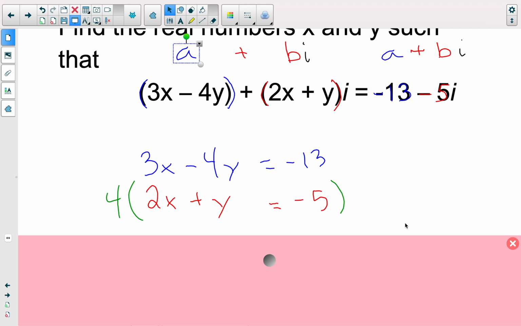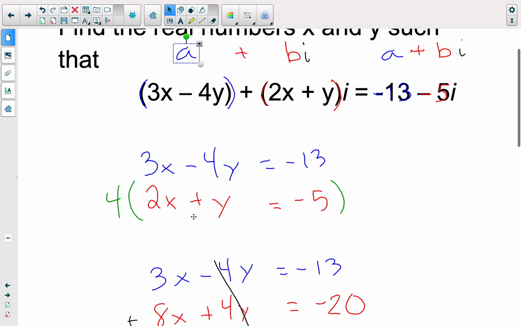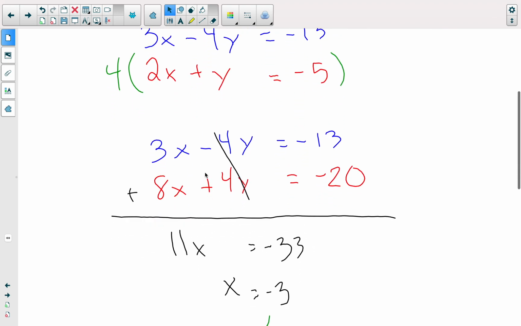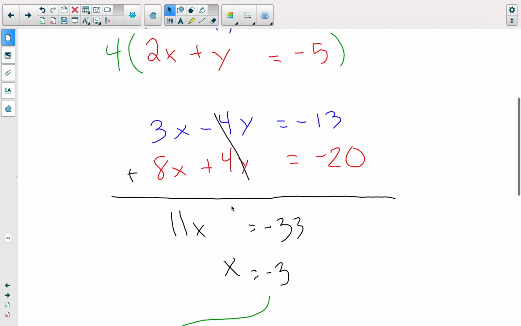So because both of them are already in standard form, I'm going to use the elimination process. I'm going to multiply the red equation here by 4 to make opposite coefficients for y. After doing so, and I add my equations, I'm going to end up with 11x here equals negative 33 on the right side. The y is simplified to 0.